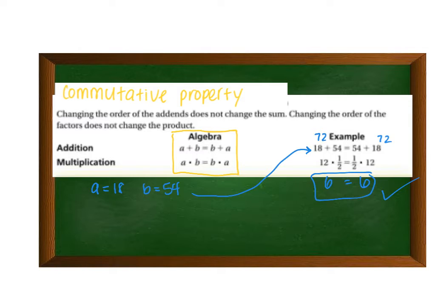Now, the commutative property, how do we remember this, Mr. Yurko? Well, I draw a nice big M, and I write reorder. Okay, so when we reorder something or an expression, we are using the commutative property.